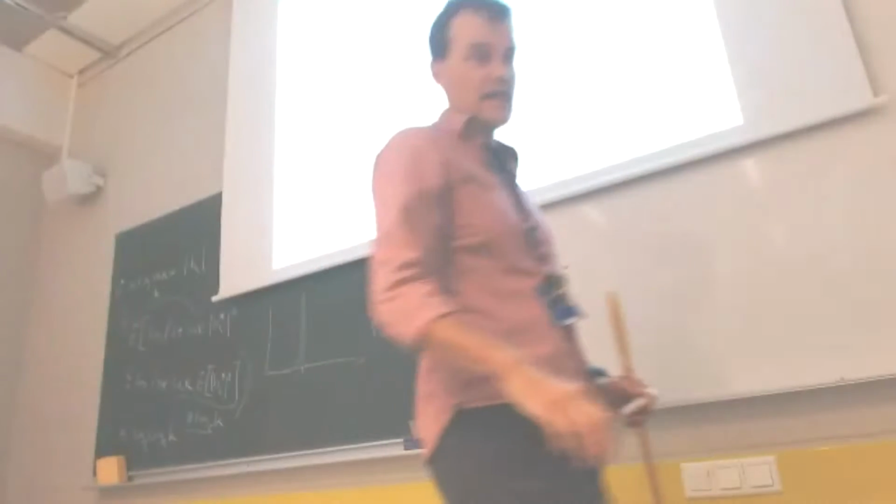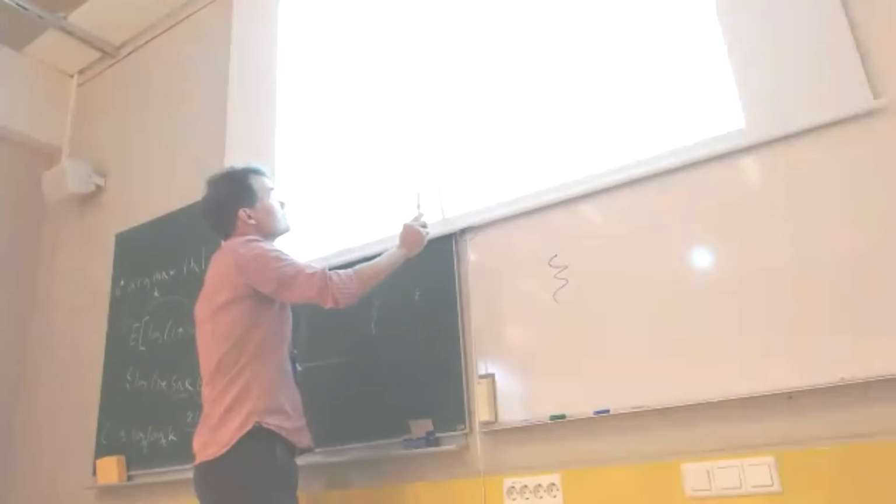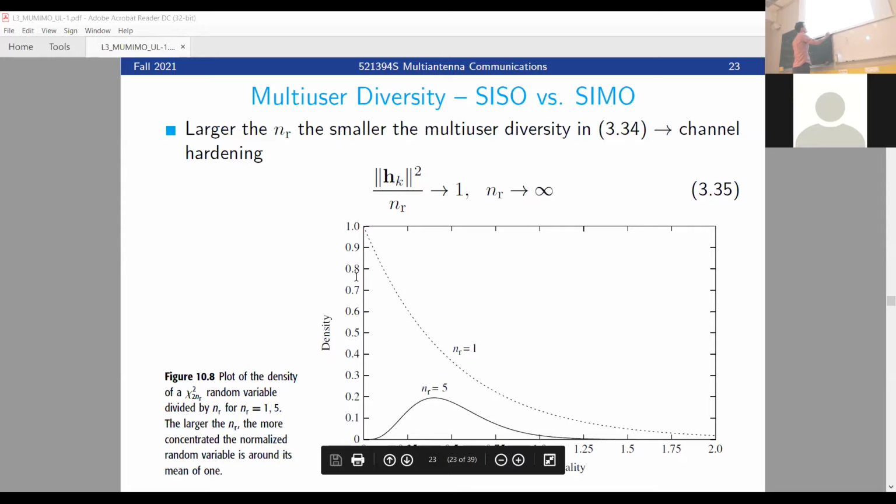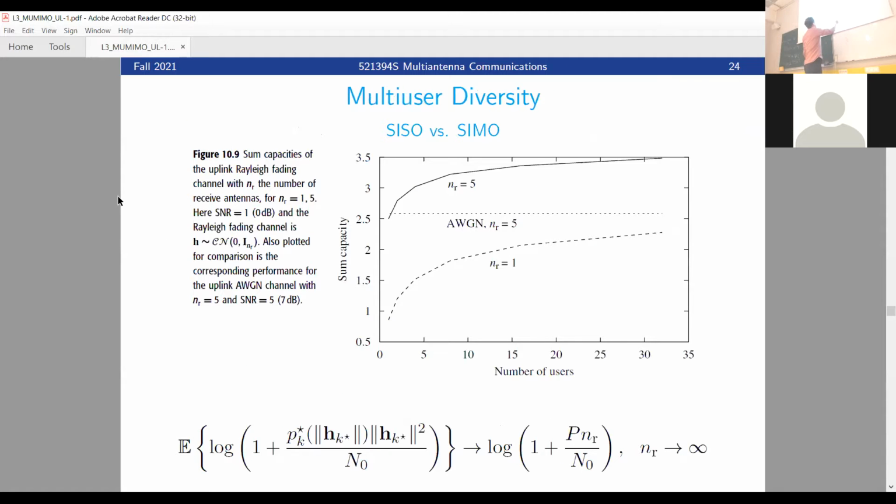You can see that on the plot. This is the number of users, given SNR. The capacity grows double logarithmically with respect to K. Double logarithmic of course saturates very fast, right?